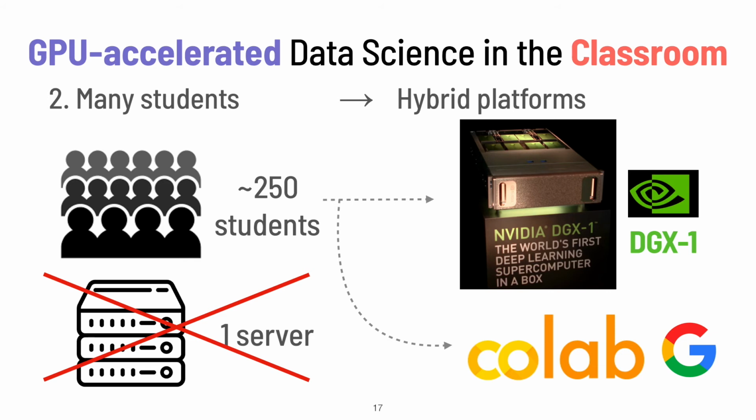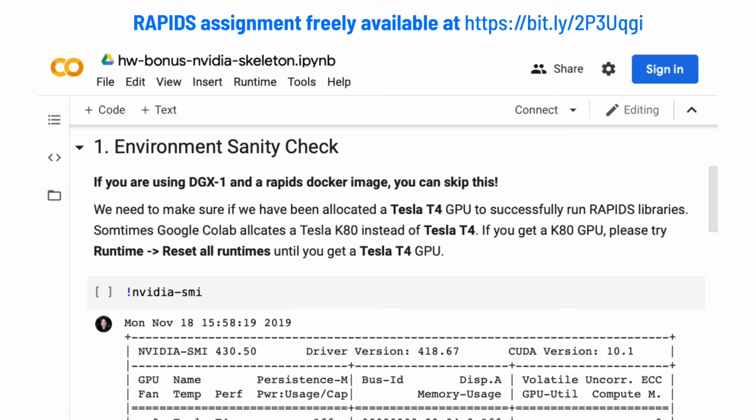Therefore, we decided that in addition to using DGX-1, we also support an alternative way for students to complete the assignment by using Google's Colab Cloud GPU platform. We developed a Jupyter notebook for the assignment that could run on both DGX-1 and Google Colab.